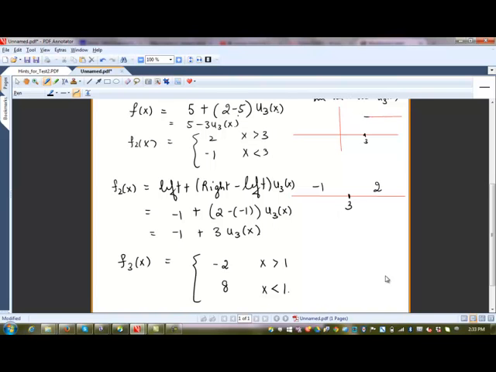How will you write this down? It's minus 2 when x is bigger than 1, and 8 when x is less than 1. I gave you an easier one because now it's 1. The point of discontinuity is 1. So write this down in terms of a step function.